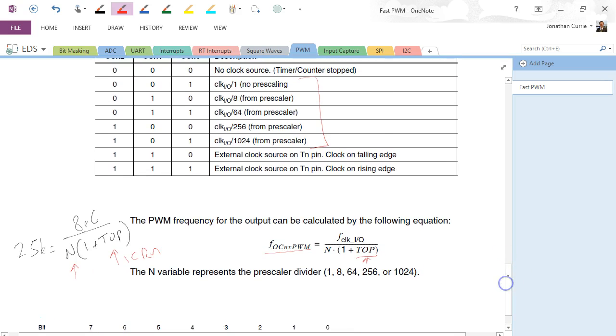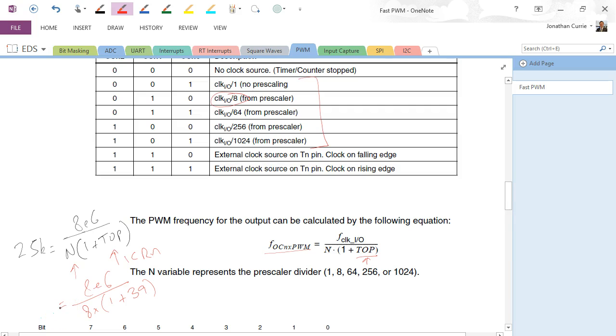In this case, we're going to use 8. So we're going to have 8M divided by 8 times (1 plus 39), sorry, 1 plus 39. And if you work that one out, we should get to 25,000.